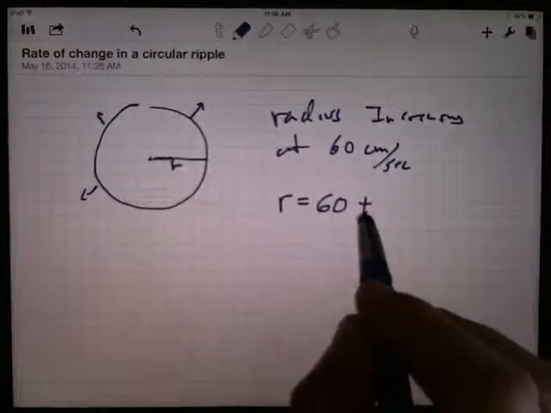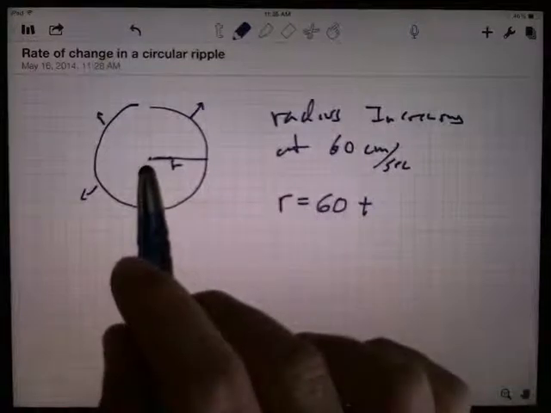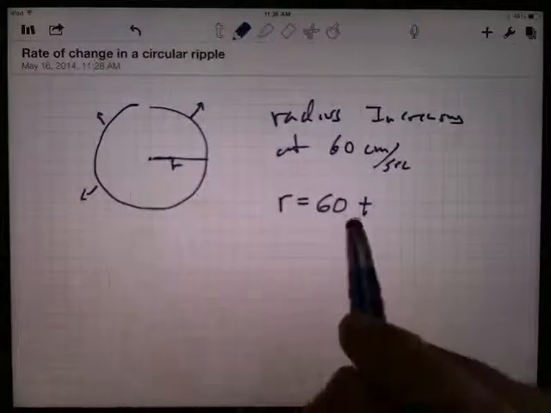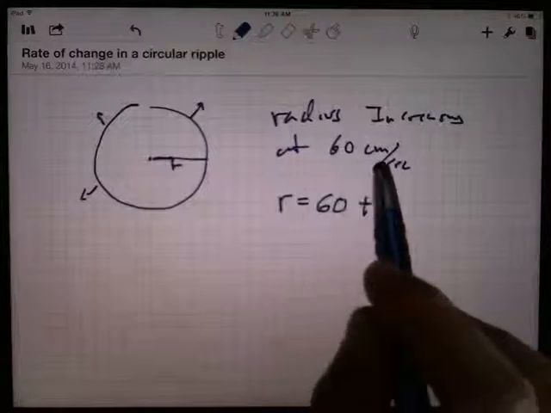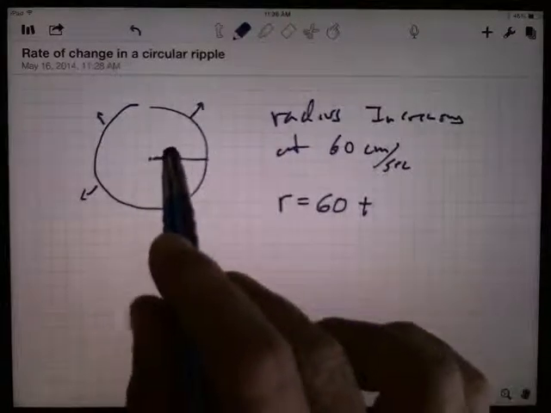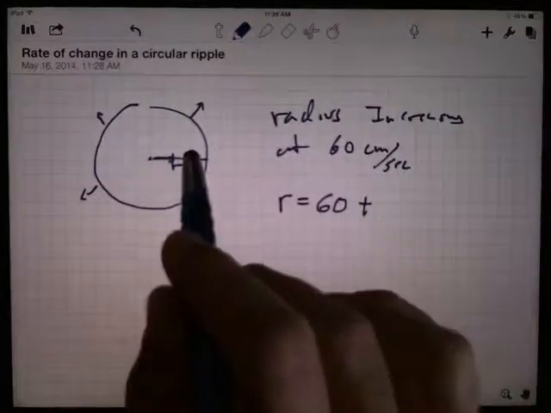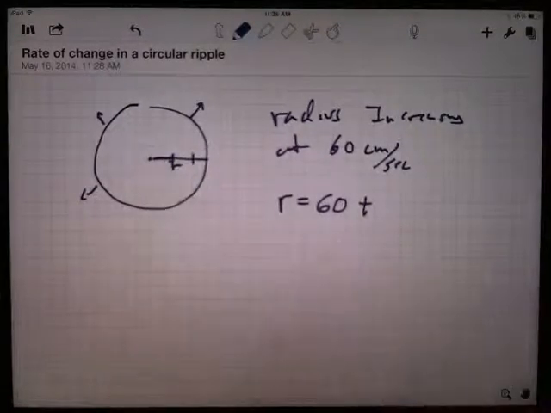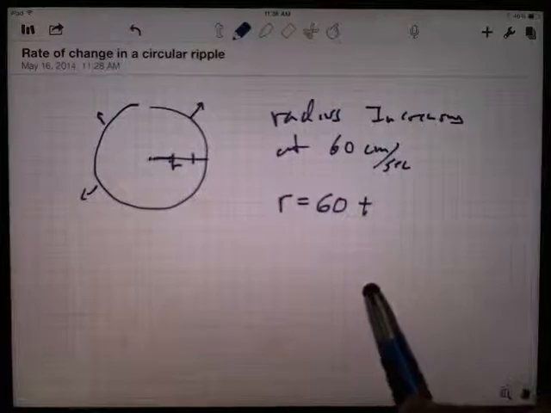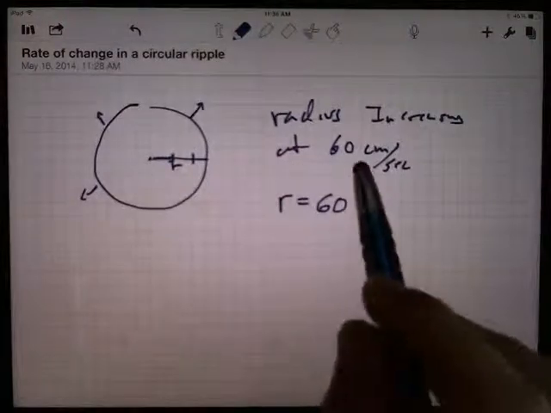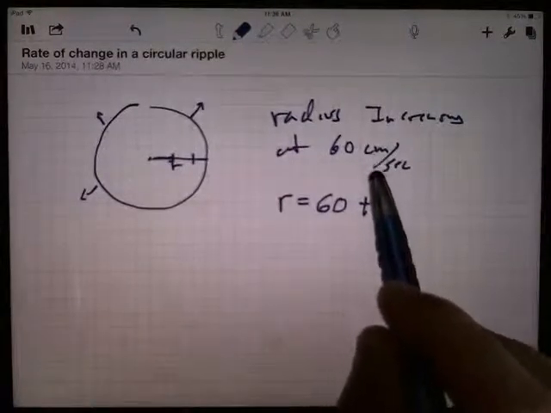At time 0, you're going to have a radius of 0, and then 1 second later the radius will have increased by 60. So 1 second later you're going to have a radius of 60, and when t is 2 you're going to be up at 120. So every second you're going to gain 60 centimeters. Notice that's actually a rate of change already.